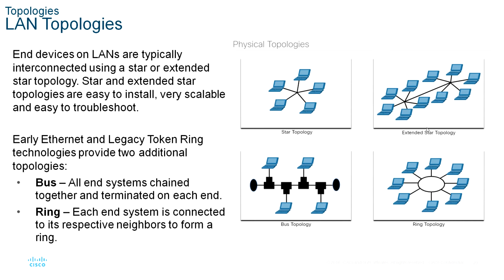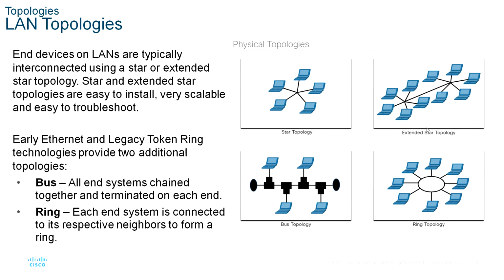Early Ethernet and legacy token ring LAN technologies included two other types of topologies, bus and ring. In bus topology, all n devices are chained to each other, terminated in some form at each end.